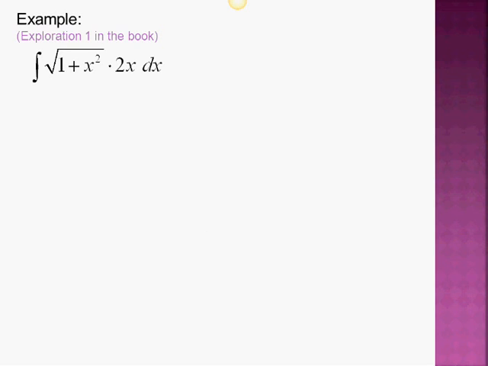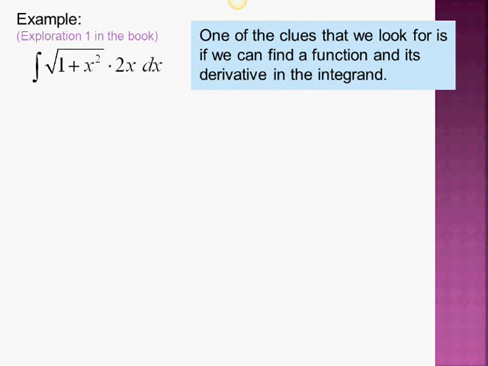So let's do this one together. I have the integral of the square root of 1 plus x squared times 2x dx. One of the basic clues we want to look for is if we can find the function and its derivative together.